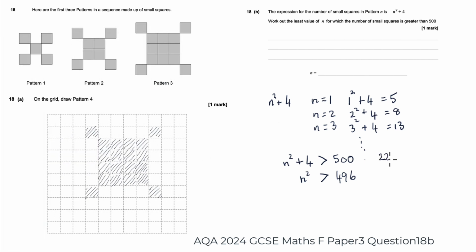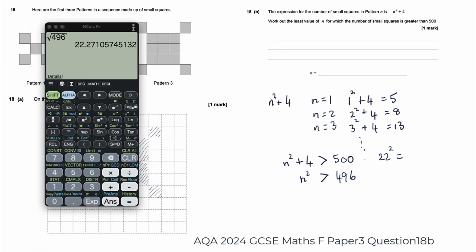22 squared, let's work that out. 22 squared, that's 484. Now you can see if we put 22 in there, we would not have a number greater than 496. So let's move up one and try 23 squared. 23 squared, that's 529.